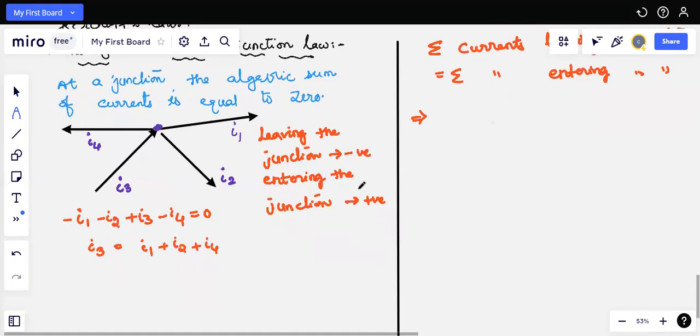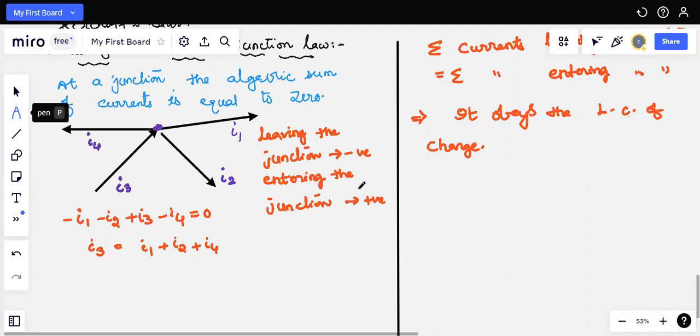Current. Current means charge only. Charge entering per second equals charge leaving per second. So shall I say it obeys the law of conservation of charge? Yes, the law of conservation of charge. This is a simple law. I think all of you understood this junction law.